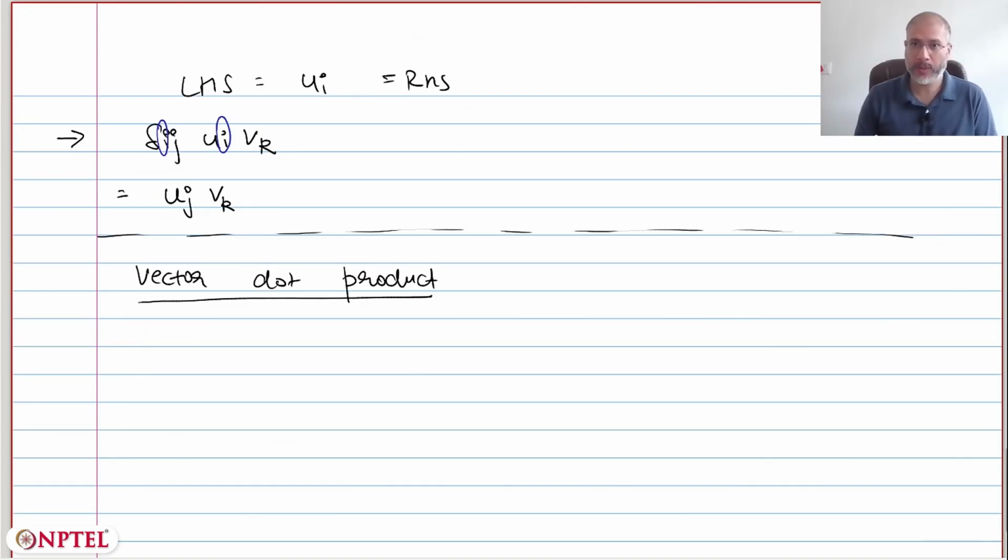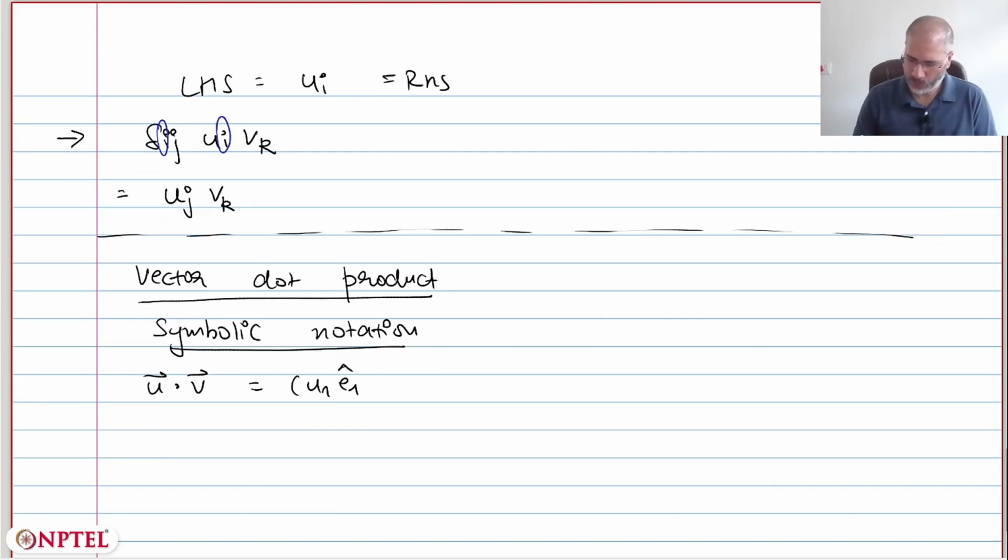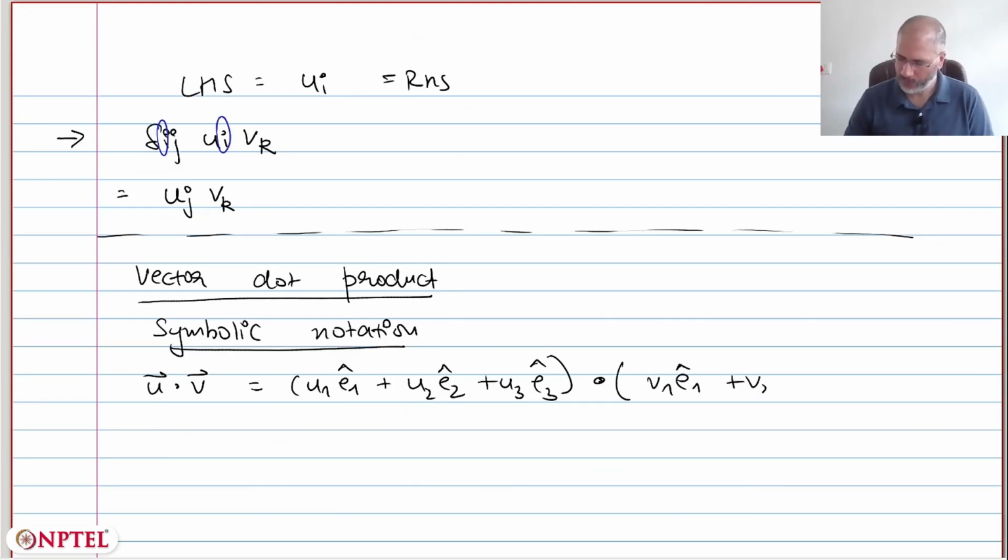If I was to use the symbolic notation, then I would have written u dot v and I would have expanded this. So this would have become u1 e1 plus u2 e2 plus u3 e3 dotted with v1 e1 plus v2 e2 plus v3 e3.